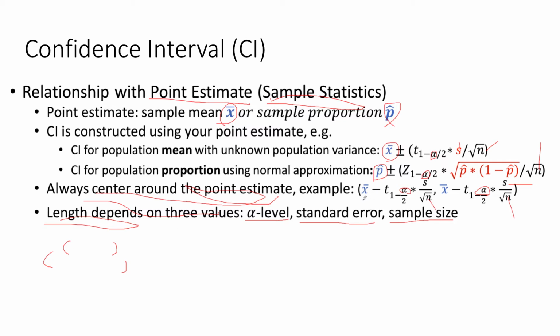But the number itself, like x bar or p hat, doesn't really matter, because if x bar changes, it's just gonna change where the interval is. It's not gonna change the length of the confidence interval.